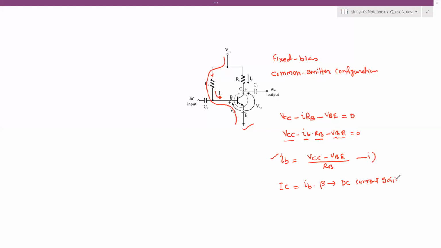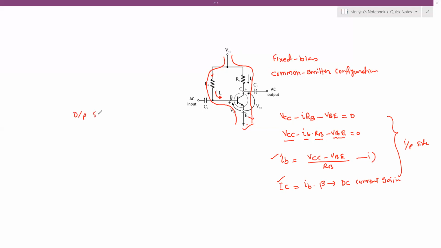There is another way to calculate the value of IC by applying the KVL in the output loop of the circuit. So you draw the current and you go all the way from supply positive pin to the ground here. So I write another equation. This was for the input side of the transistor circuit, and we'll write now for the output side.